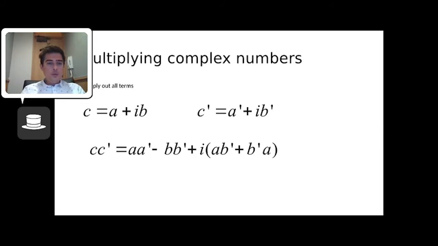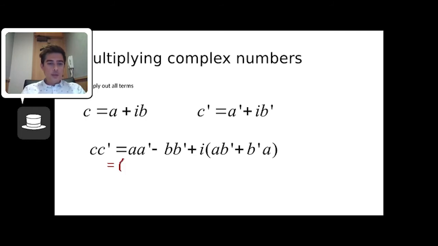Say we've got our two numbers C and C prime again, and what we're going to do now is figure out how you multiply C and C prime. Here I've already got the answer, but let me take you through the working.